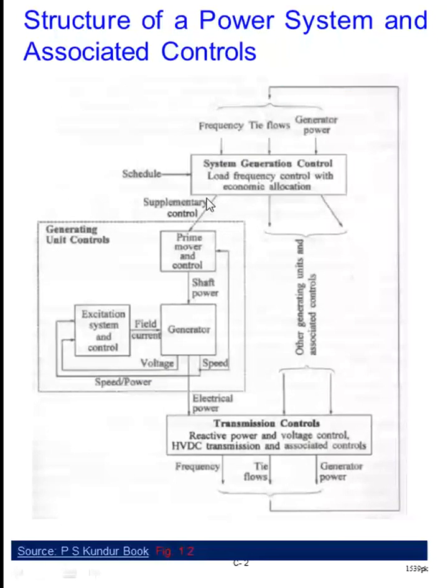Then, as you can see, this supplementary control could be applied with several power plants, so there will be several generating units and the control here. You have several generators, loads, and the network, all interconnected. So we have several levels of control in the power system, and that is the complete set of control sections.